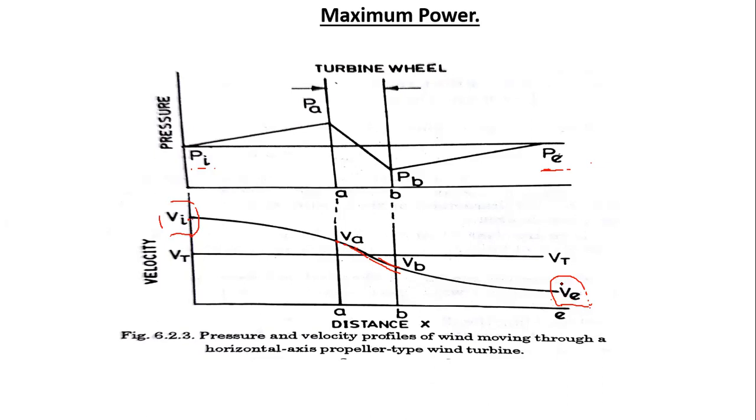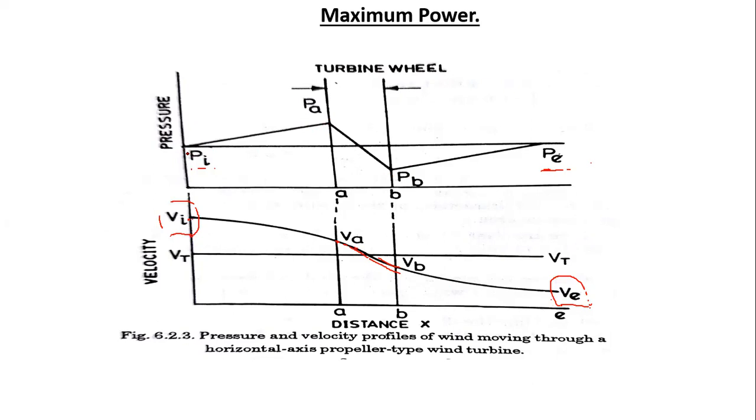And from the discussed equations 6.2.7 and 6.2.8, we can say that Pa is greater than Pi and Pb will be less than Pe. Here from the equations, if you compare these two, we can say that Pa is greater than Pi and Pe is greater than Pb.